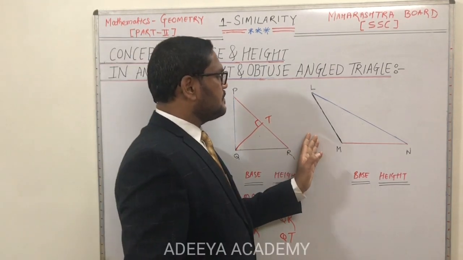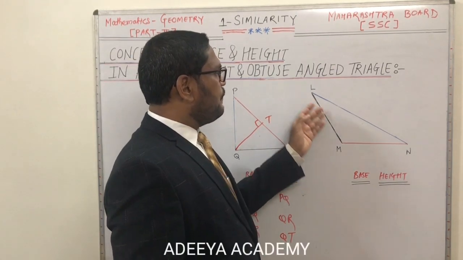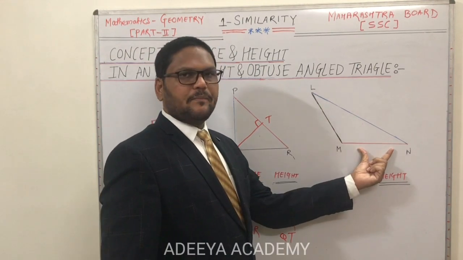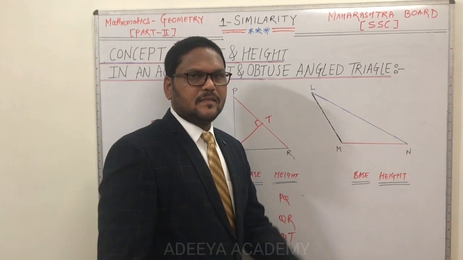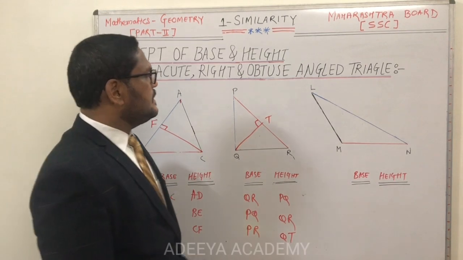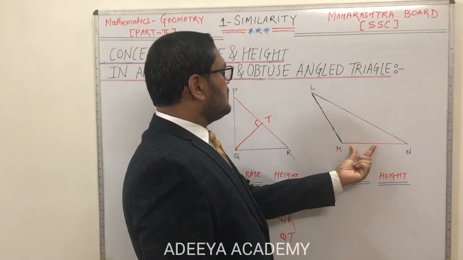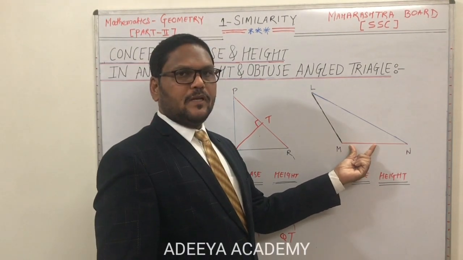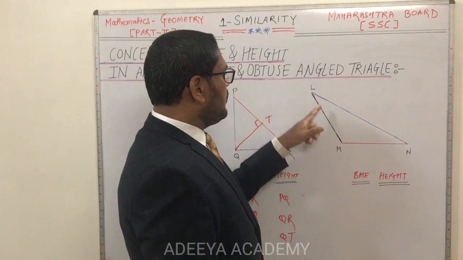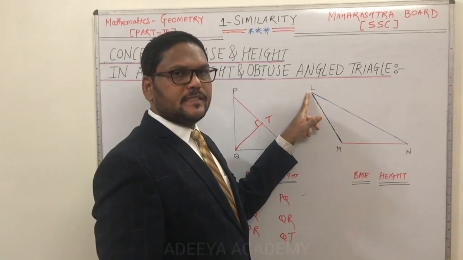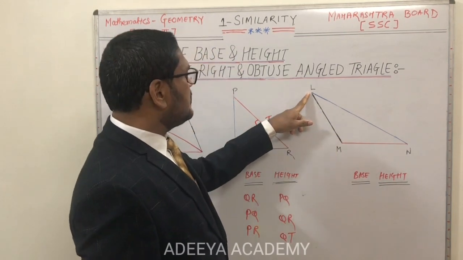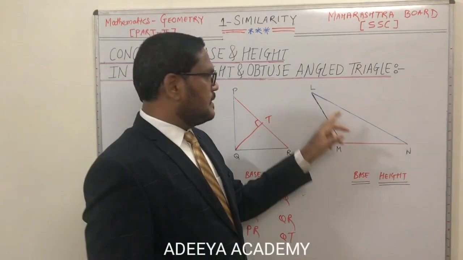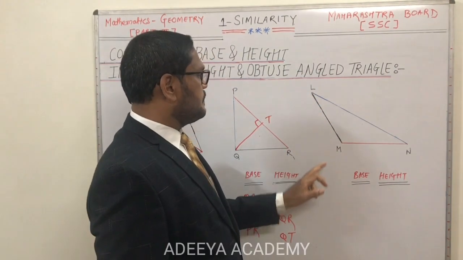Now see here. If we consider MN as a base, then its height, that is the perpendicular, will be dropped from its opposite vertex, that is vertex L, and that should lie on something.